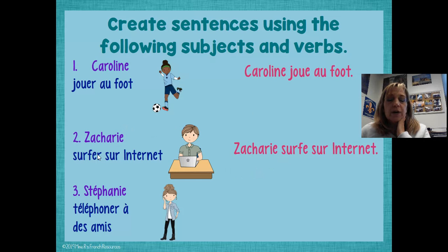We cut off the ER. We add our ending for il because Zachary is a he. And so we add an E. Zachary surfe sur Internet. Stéphanie, and we have téléphoner à des amis. Téléphoner is our infinitive verb. So conjugate téléphoner for Stéphanie.